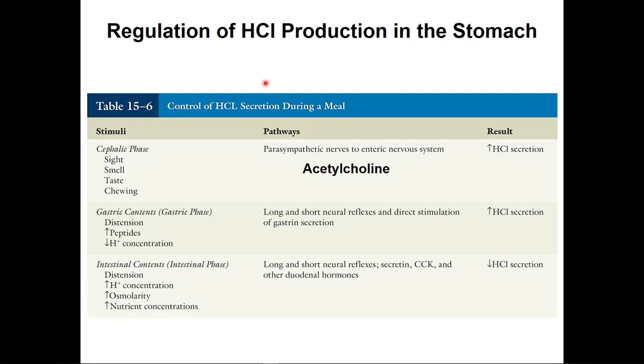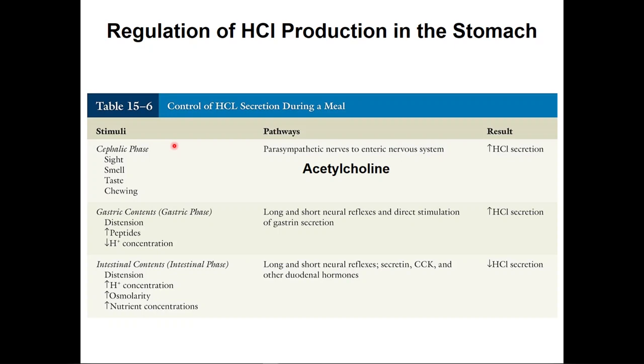We already talked about this to some extent. Just wanted to remind you of how gastric acid production is regulated in the stomach. Remember, there are three phases: the cephalic, the gastric phase, and the intestinal phase. The cephalic phase is based on the central nervous system.